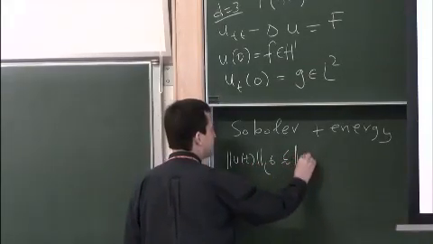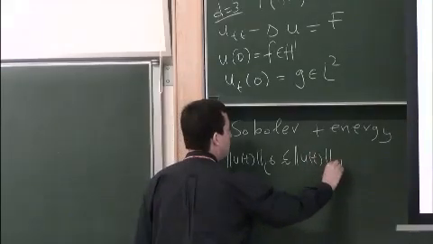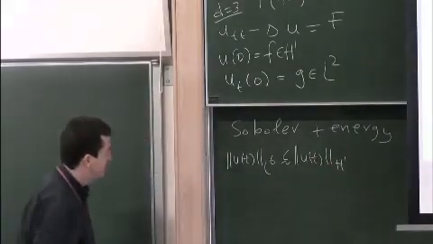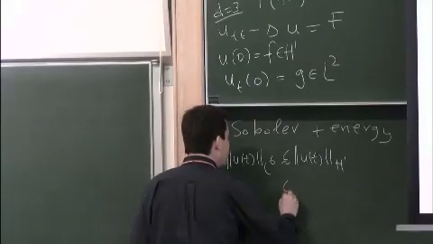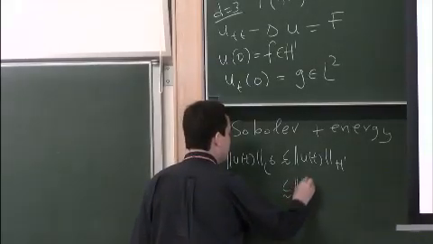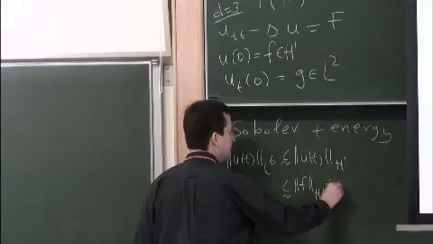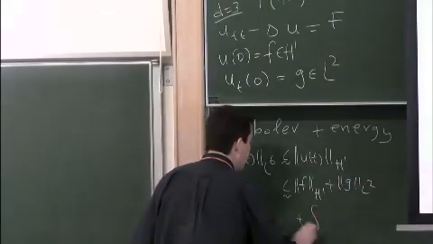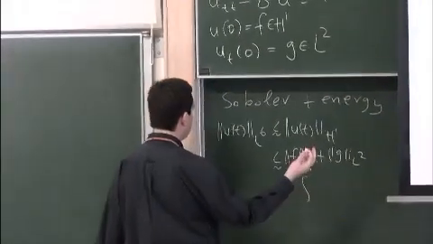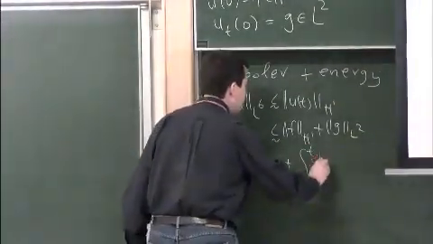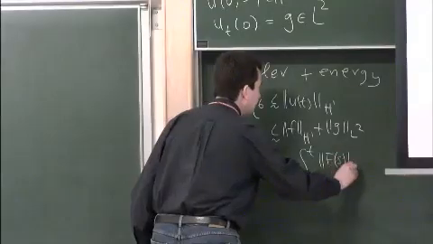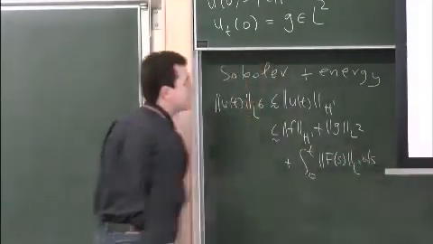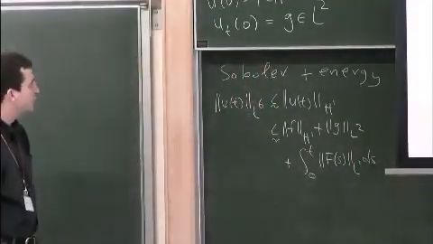You can bound that by u in H1, that's Sobolev, and then energy tells you that this is less than f in H1 plus g in L2 plus the integral from 0 to t of f in L2 ds. That's the kind of thing people used to do before Strichartz.